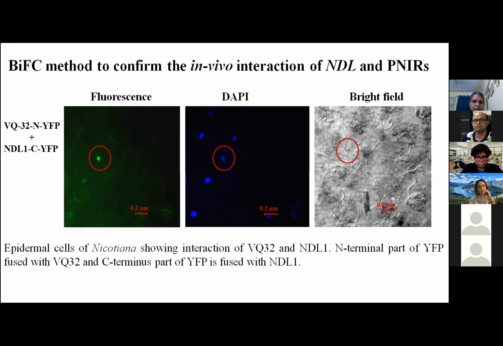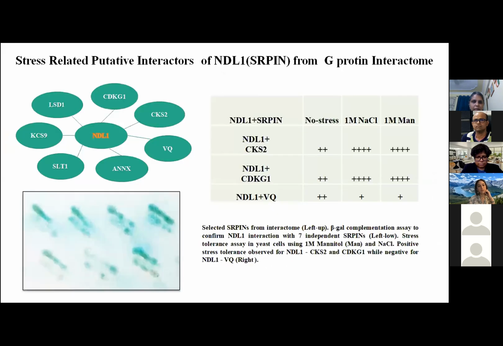So we found that with two candidates, those interactors of NDL1 were also localizing into the nucleus along with NDL1. So it's kind of, we are moving ahead. These are some of the favorite candidates currently worked upon in the lab.